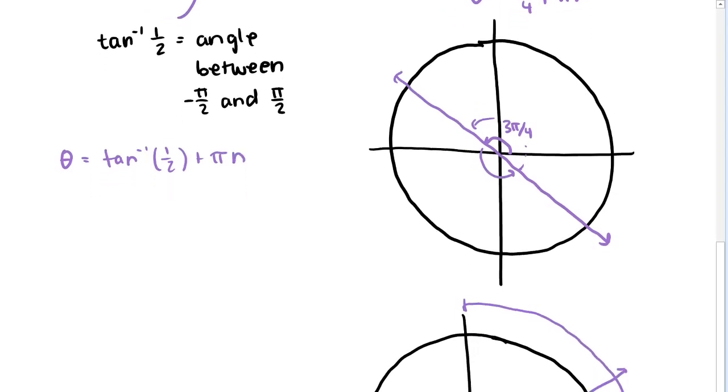And we can approximate this using a calculator. And that's roughly 0.4636. And getting all the other solutions from this equation would amount to adding plus pi n onto this angle here.